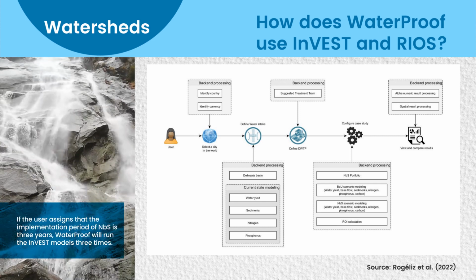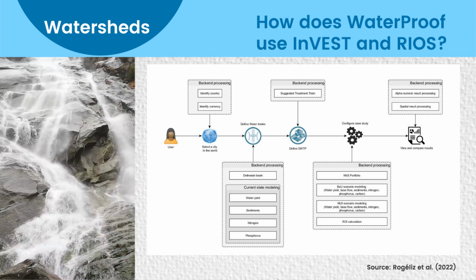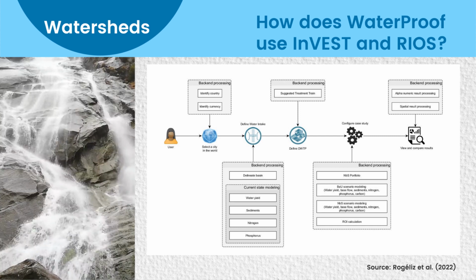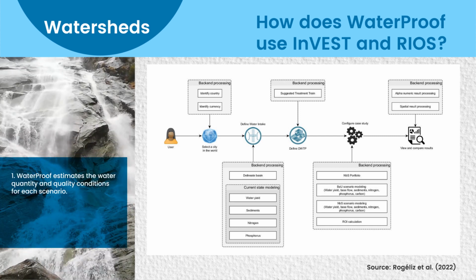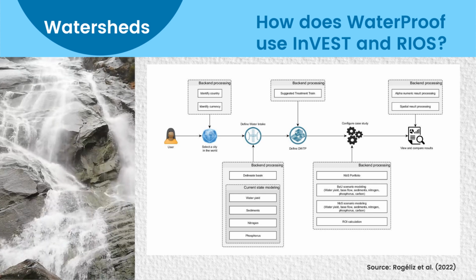For example, if the user assigns that the implementation period of nature-based solutions is 3 years, Waterproof will run the Invest models 3 times, using the coverage information that results from the 3 portfolios generated by Rios. In the end, with the information from the models in each scenario, Waterproof estimates the water quantity and quality conditions for each scenario and then estimates the difference between the scenarios, which would correspond to the portfolio benefit.